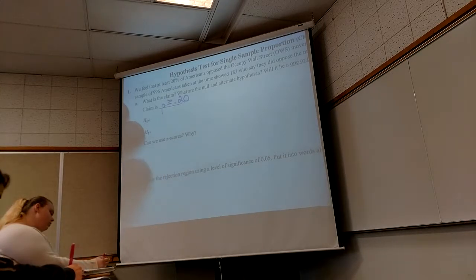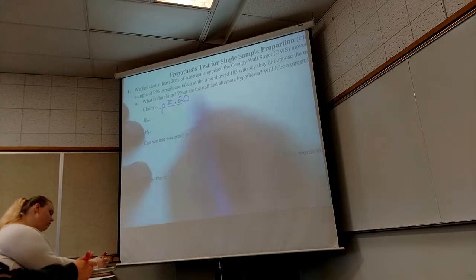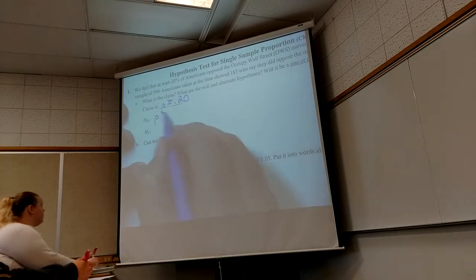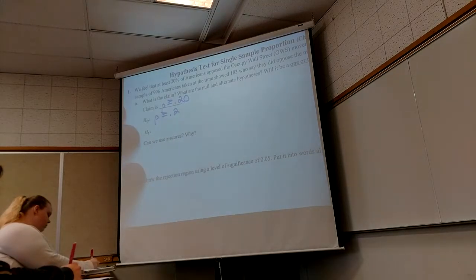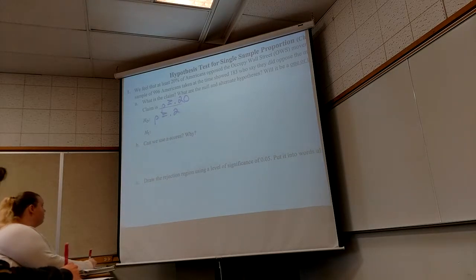So which one is that going to be, the H0 or the H1? It's got an equal sign in it, so it's H0. So what's the H1 going to be? Less than 0.20, because the test is a test about a percentage.